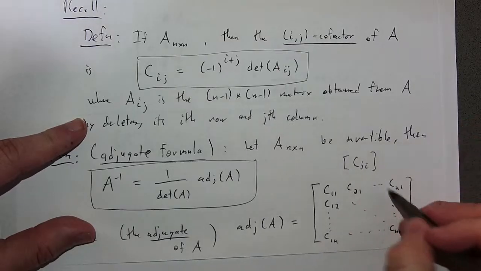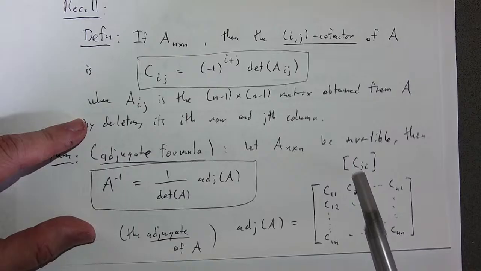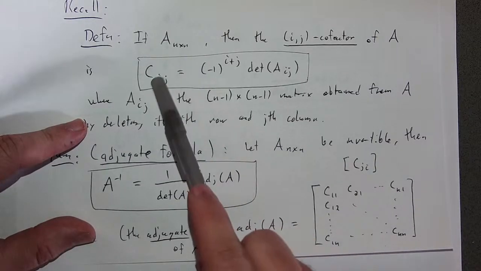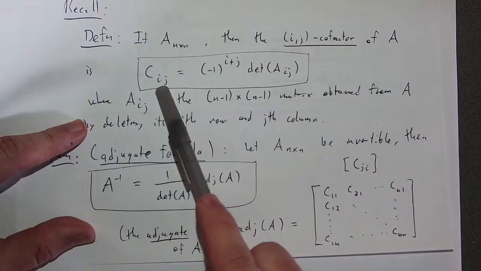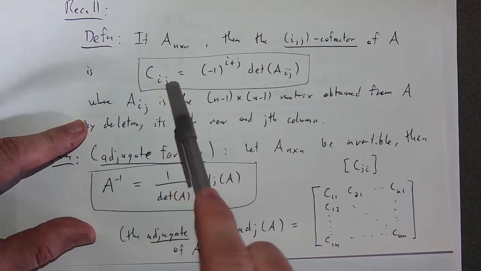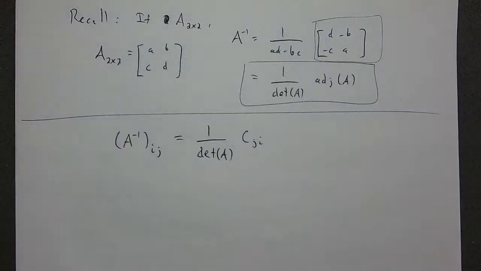That's what I meant by the role of row and column being swapped here. So it's like you had the cofactor matrix, the matrix containing the ijth cofactors, and then you transposed it. Okay, that's what's going on here.